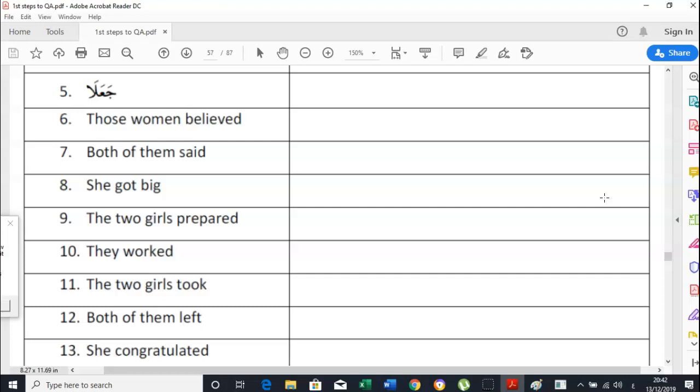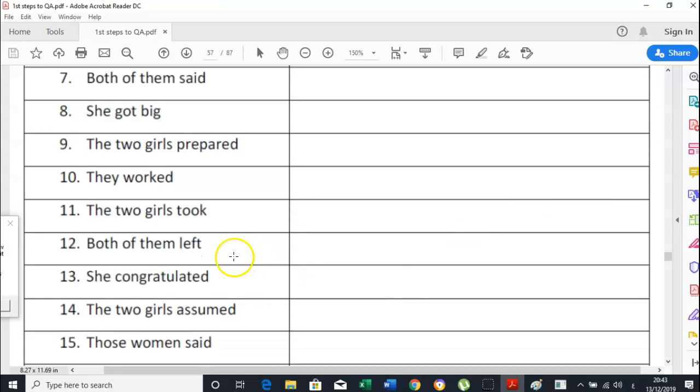Number 10, worked. Amila is to work. They worked. Amilu, very good. Okay, next one, ittakhadha. So the two girls took. Those two girls. Second person. Third person. Very good. Ittakhadhata.